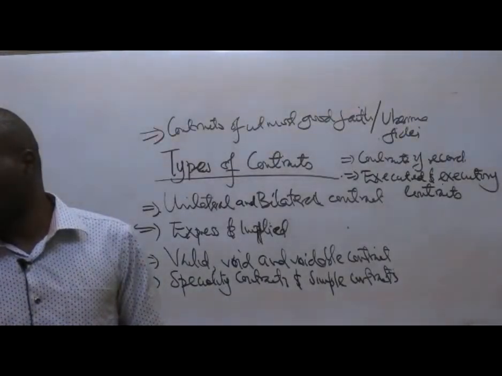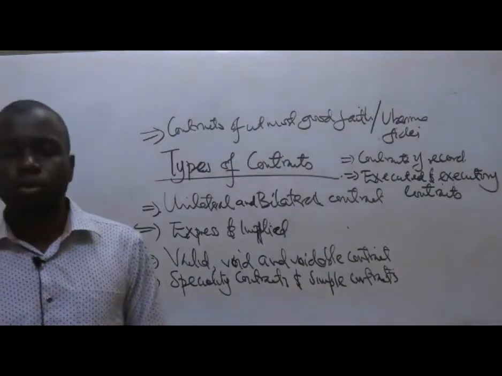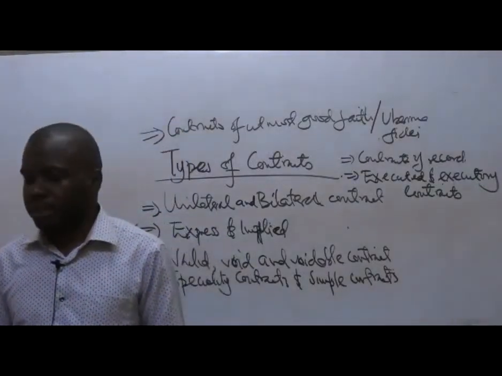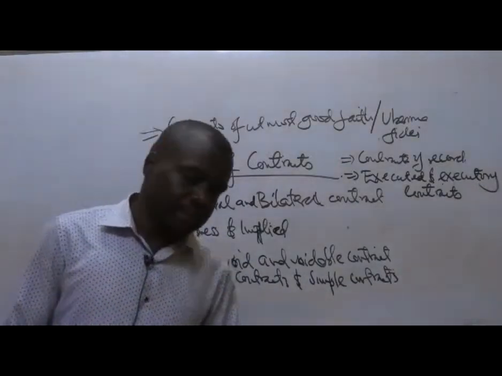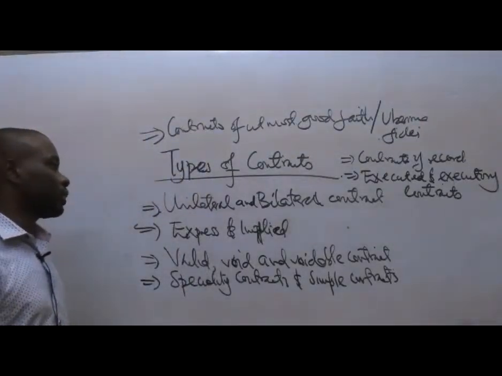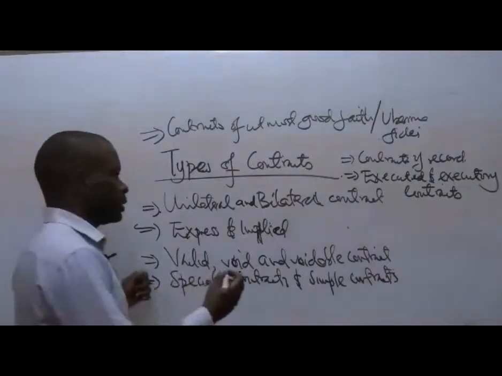Unilateral simply means one. So that's why they are correlated. A unilateral contract is one in which only one party is bound. It is usually a very rare form of contract. It is simply where only one party is bound.